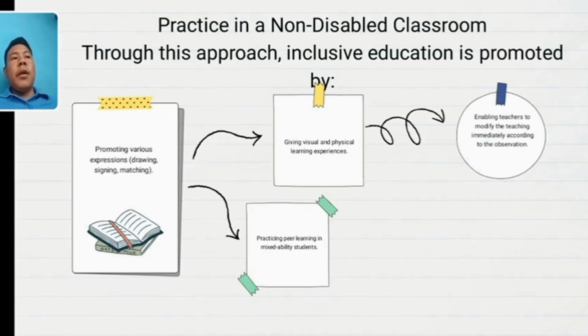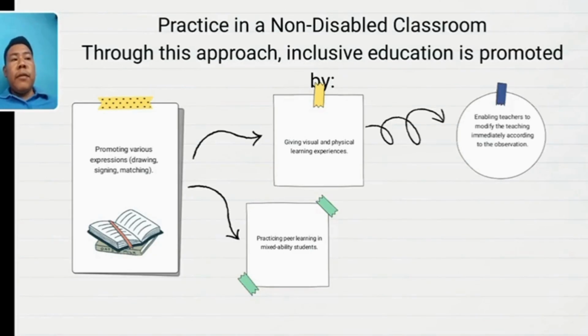Thirdly, peer learning is encouraged in this formative approach. When students work in pairs or small groups to match helpers to their roles, mixed ability collaboration naturally takes place. Children support one another, explain the reasoning, and learn through social interaction, which strengthens both understanding and inclusion.